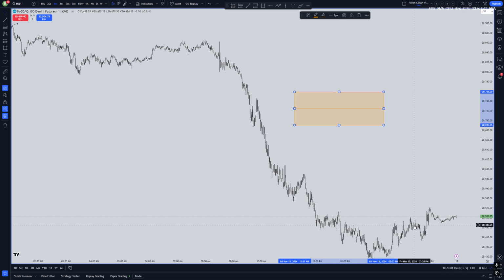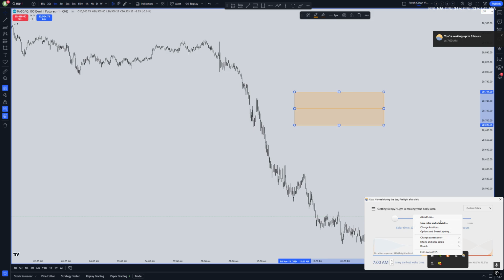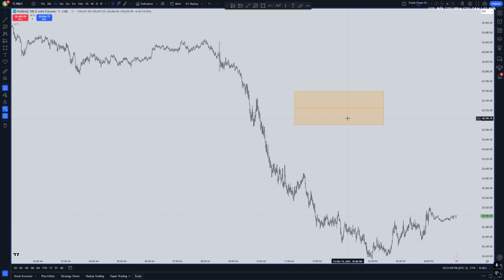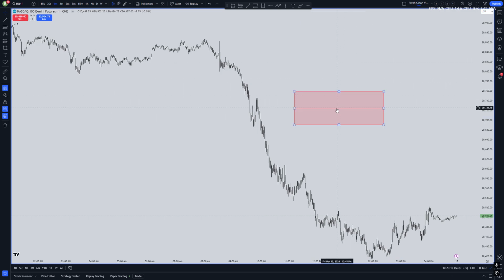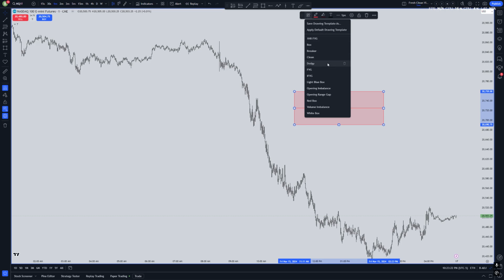So there's that. And my screen's going dark. And there we go, back to brightness. IFVGs is orange. We use red for breaker boxes. And what am I missing?